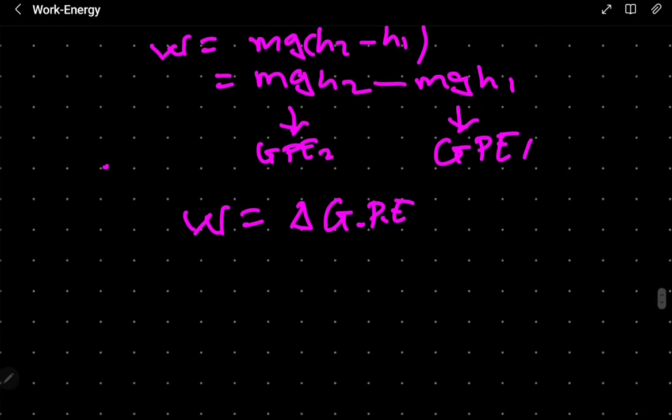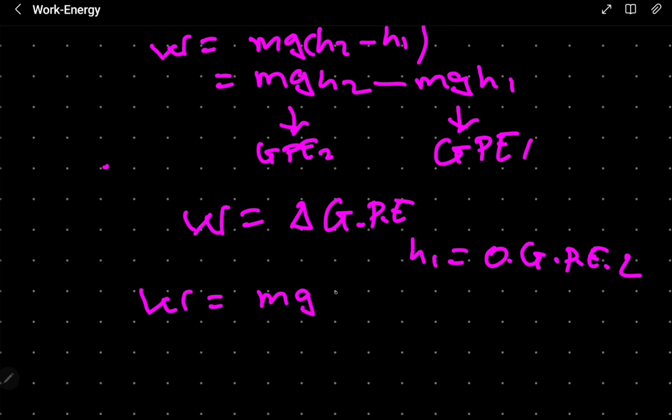So if height 1 is the 0 gravitational potential energy level, then the work done is going to be how much? mg times h2 minus 0. So this is going to be mg h2.